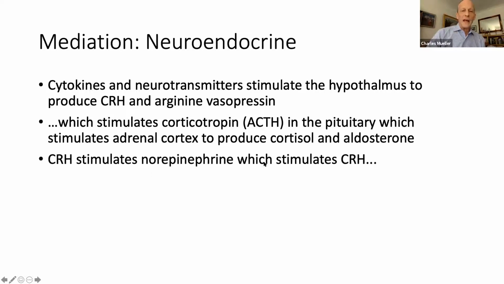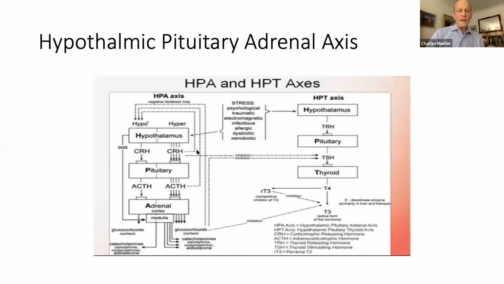And eventually we have the catecholamines, which cause catabolism, produced in large quantity. And this is endocrinology. And that's basically what this slide shows you. This is the hypothalamic-pituitary-adrenal axis, and this is the hypothalamic-pituitary-thyroid axis. And this downstream effect of both ends in the production of catecholamines, catabolic hormones.